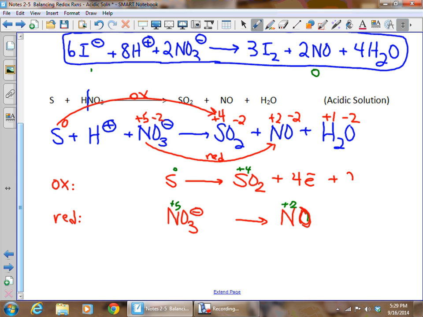We need 2 water molecules on this side to balance it out. So I've got 2 oxygens on the left and 2 oxygens on the right. And now that I've got 4 hydrogens on the left, I'm also going to need my 4 H pluses over here so that I'll have my hydrogens balanced.